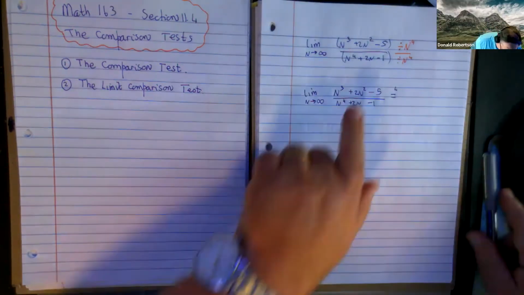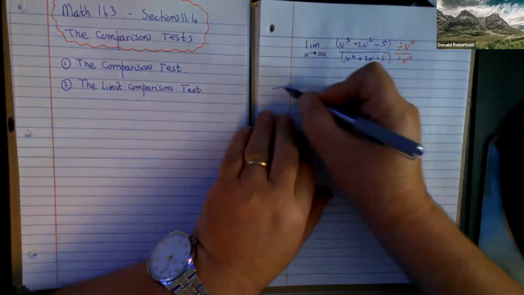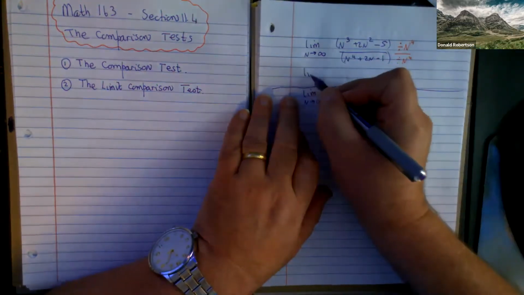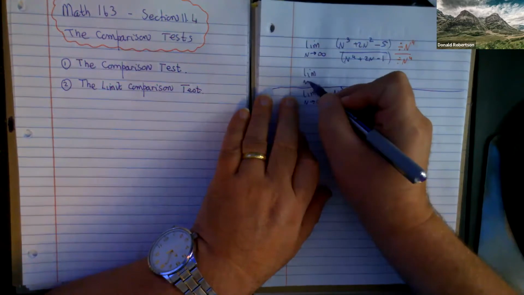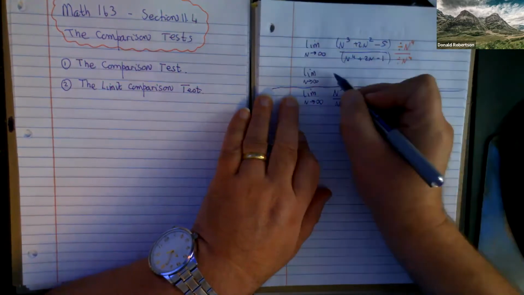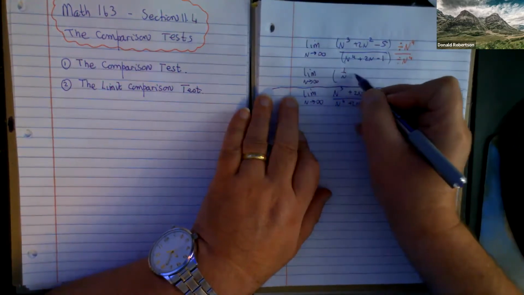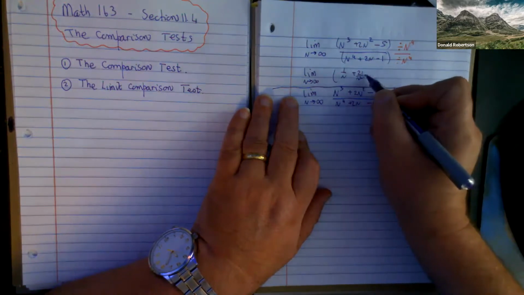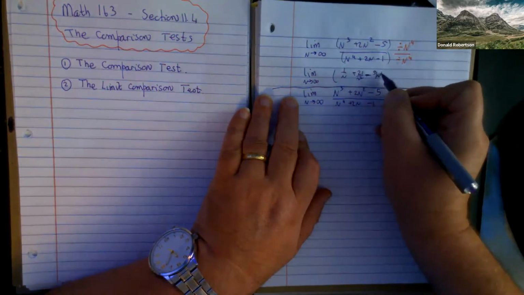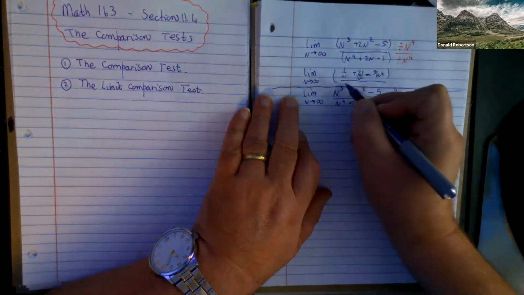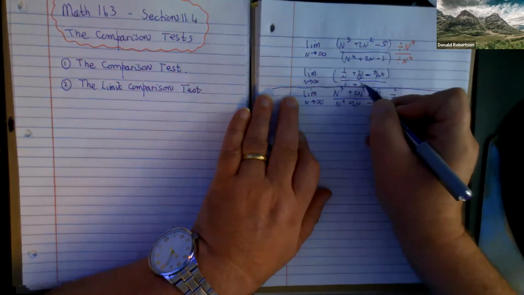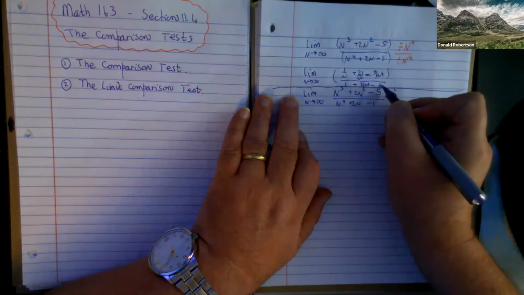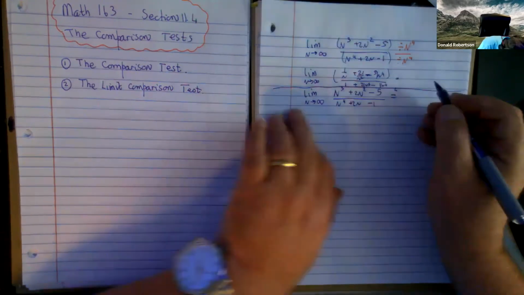So if I return back to this one, if you divide everybody by n to the 4, you got 1 over n plus 2 over n squared, take away 5 over n to the 4. And on the bottom, you got a 1 plus 2 over n cubed minus 1 over n to the 4. And then you do brute force.